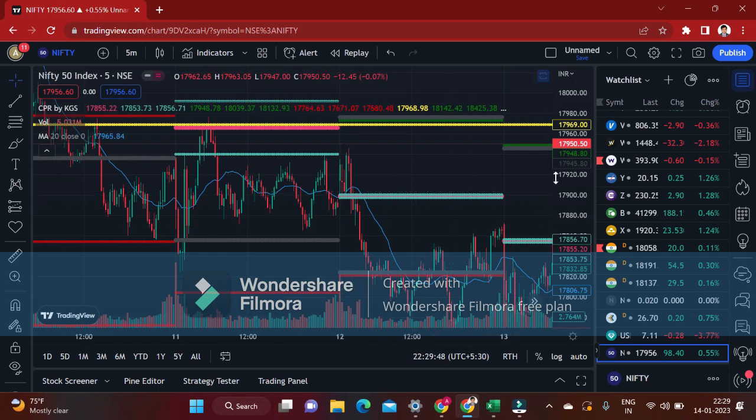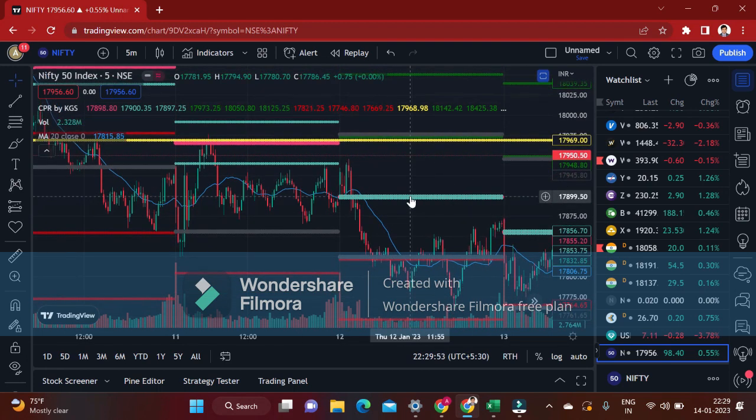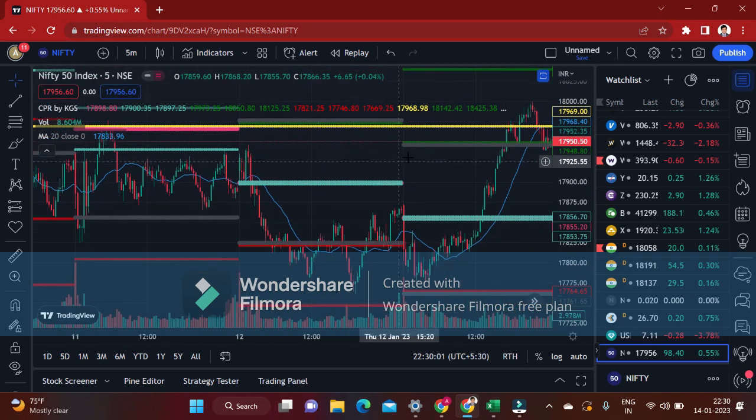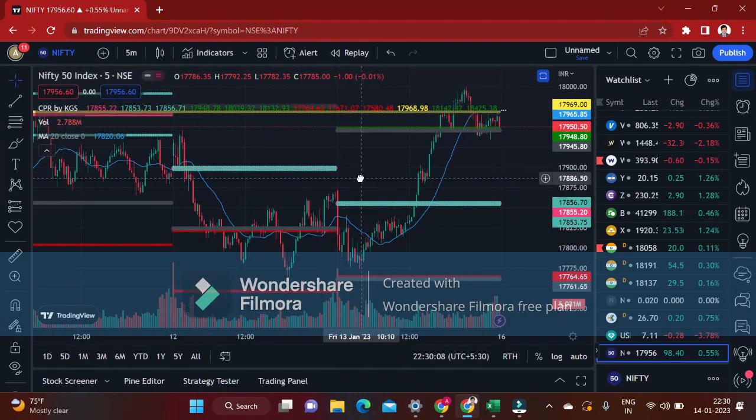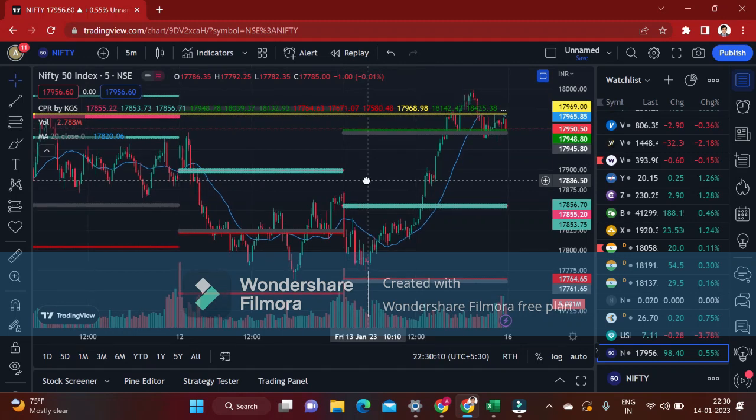Based on this indicator, I will let you know all the strategies. Before posting the strategy, first I will discuss the setups, what all the levels you have to get in your systems initially.